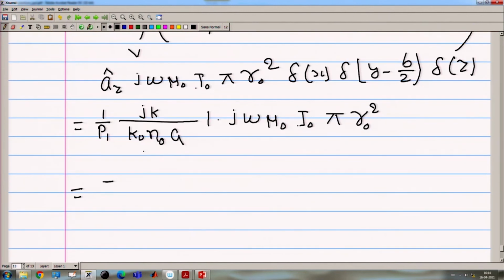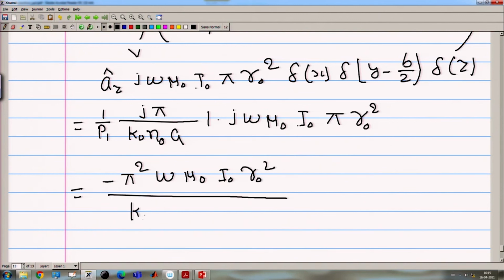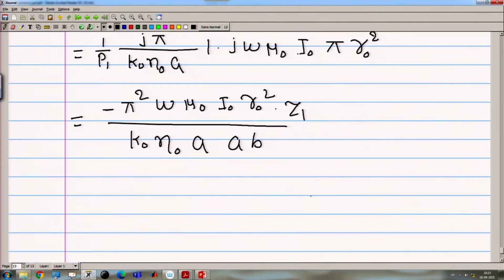Okay. So, this is j pi, minus of pi square, this omega mu naught I naught r naught whole square divided by k naught eta naught a, and the value of p 1 will be a b upon z 1.